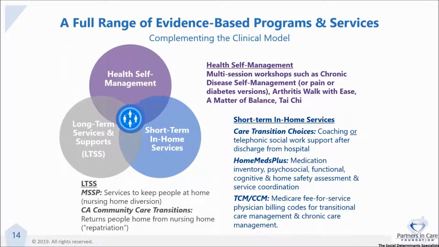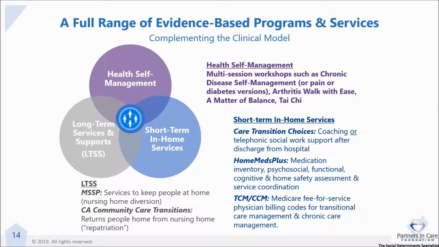So here's the full range of services that we offer at Partners. We have long-term support services, which is down on the lower left hand of the slide. These tend to be Medicaid waiver programs in the state of California. We have an MSSP program. We actually have 4 sites now, which is a nursing home diversion program.